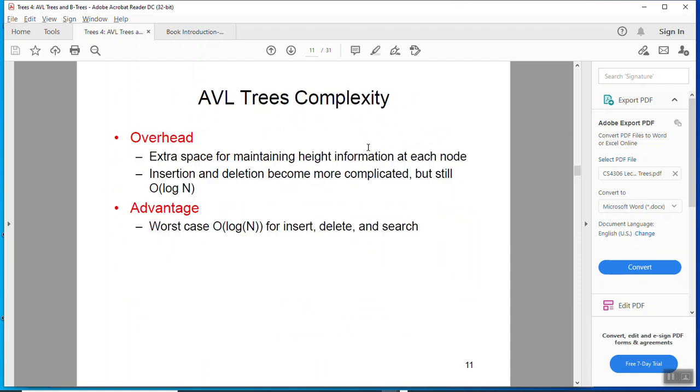That is the complexity. When we resolve that difficulty in designing an AVL tree, it is a nice and efficient data structure for searching in log n time.